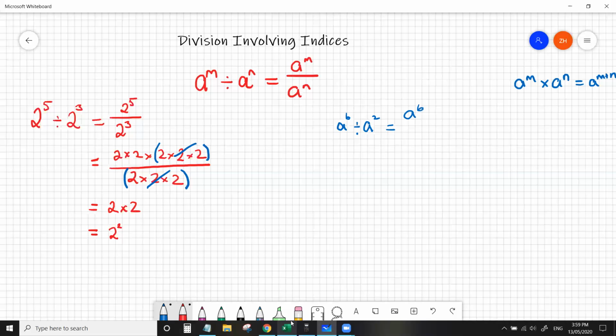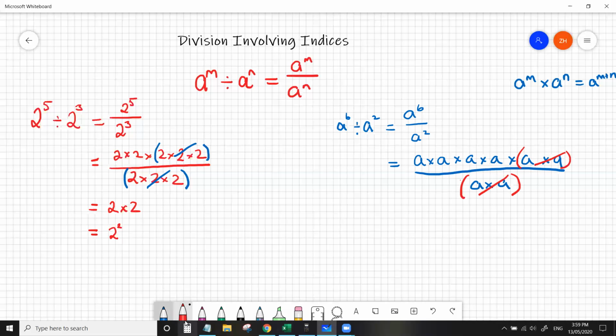Again, I can rewrite that in fractional form and expand that out, multiplying a by itself 6 times on the numerator and 2 times on the denominator. Just like we did before, I can take that common factor and divide it out. So I'm left with a times by itself 4 times, so a to the power of 4.